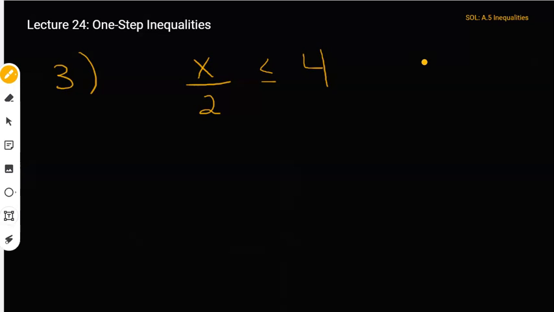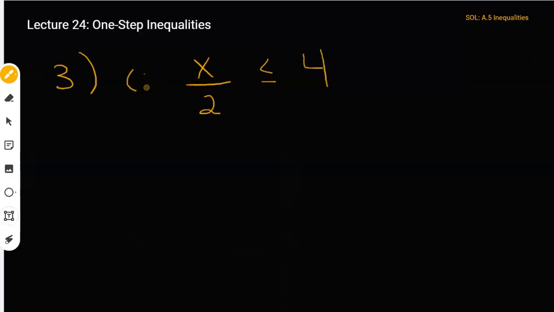Since I'm dividing by 2, I've got a fraction set up. Now, what I want to do is get rid of that 2. Since I'm dividing by 2, what's the opposite of division? Multiplication, right? So I would multiply both sides by 2 to get it started.